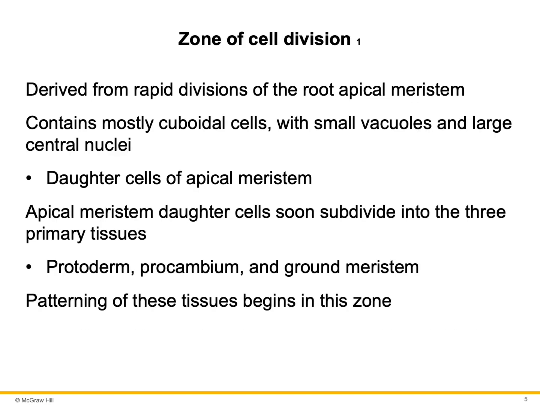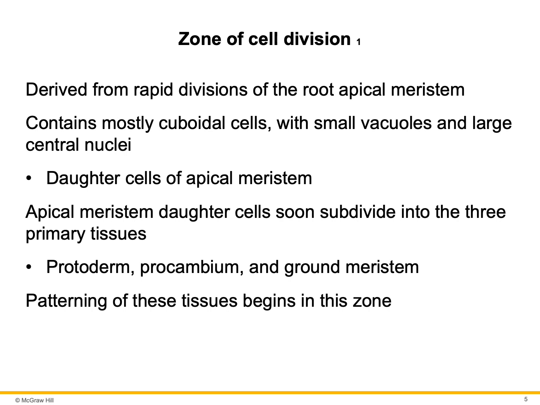Now you know that the root apical meristem is located in the center of the root tip. The next zone toward the edge of the meristem is called the zone of cell division. Cells derived from the apical meristem, these daughter cells, divide rapidly in this zone to subdivide into three primary tissues: the protoderm, procambium, and ground meristem.